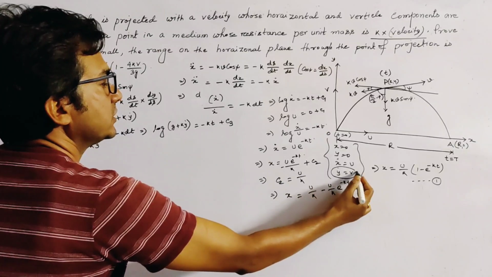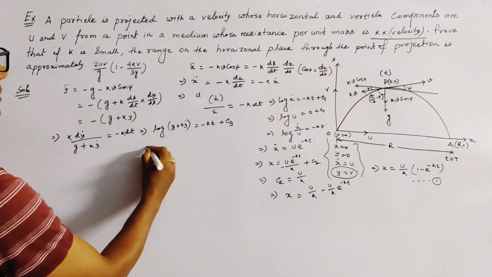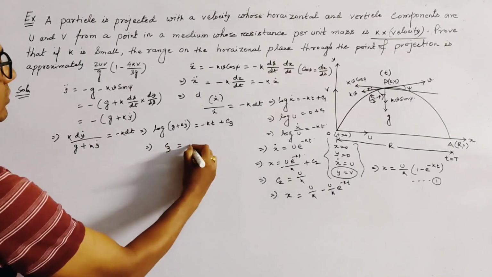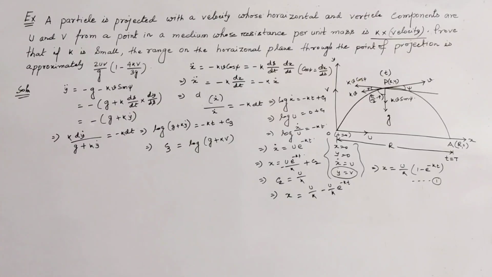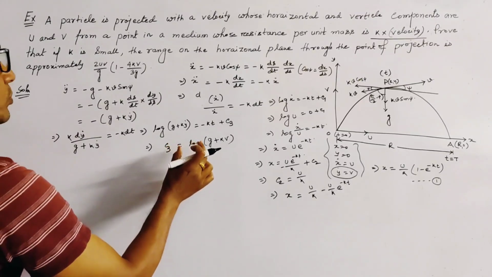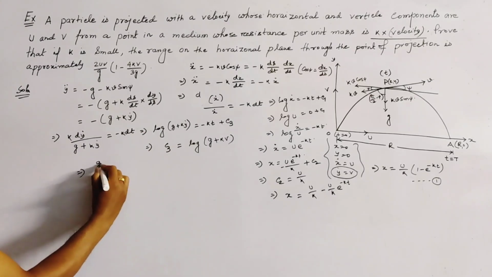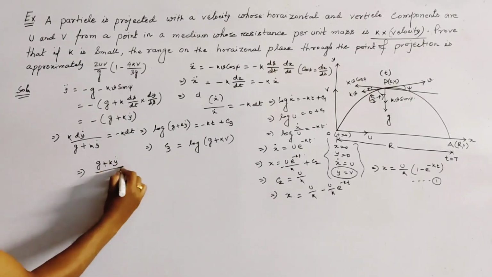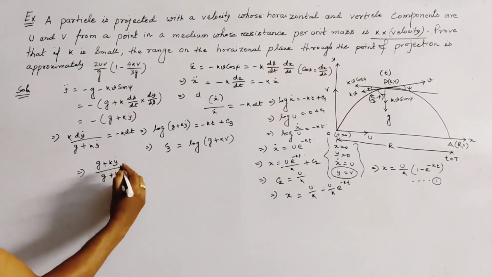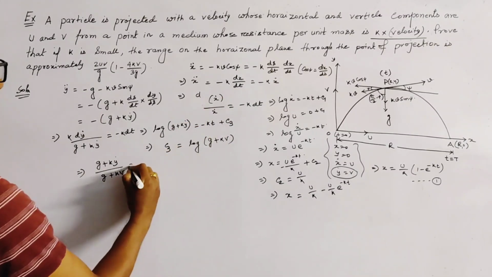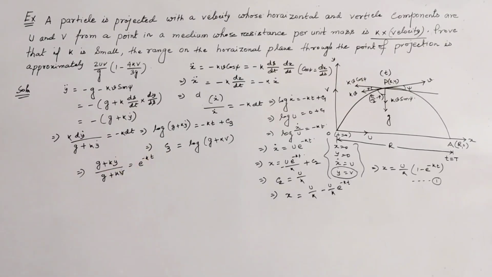Okay, now here we use the initial condition: y dot equal to V at t equal to 0, and we get c3 equal to log of g plus kV. By putting the value of c3 here, we get g plus k y dot by g plus kV, where V is capital V, as given, equal to e to the power minus kt.